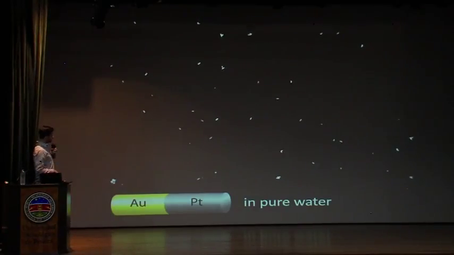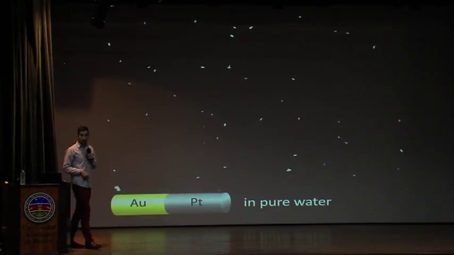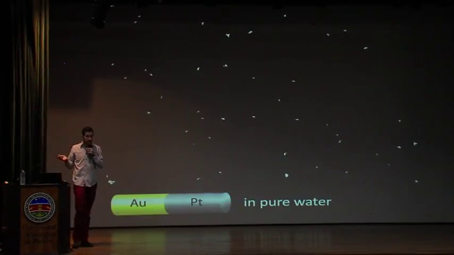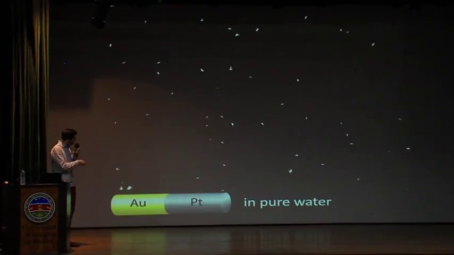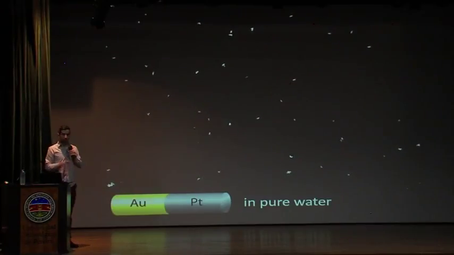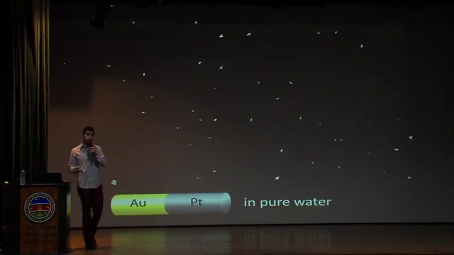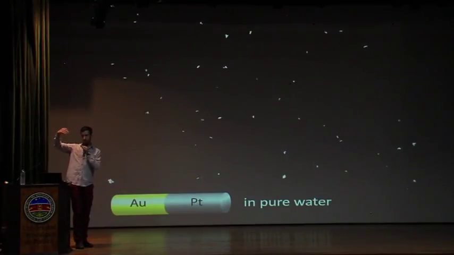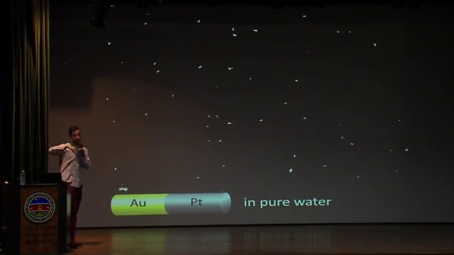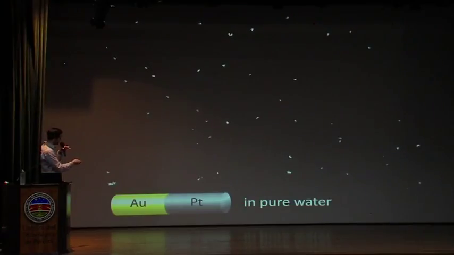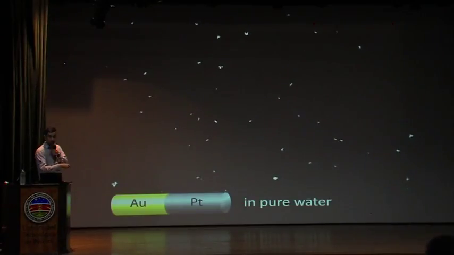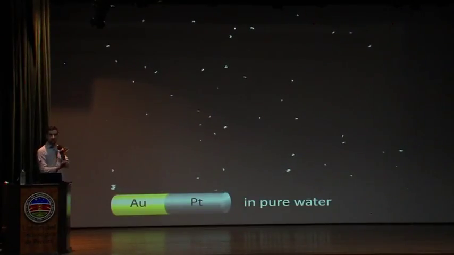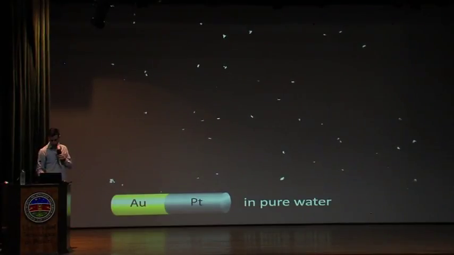Here what you're seeing is simply the rods in pure water. There's nothing that interesting happening here. They're just vibrating and dancing around a little bit because of a process called Brownian motion. The way to think about that is they're colliding with water molecules, and because of these random collisions, they move around. This process is very well understood.